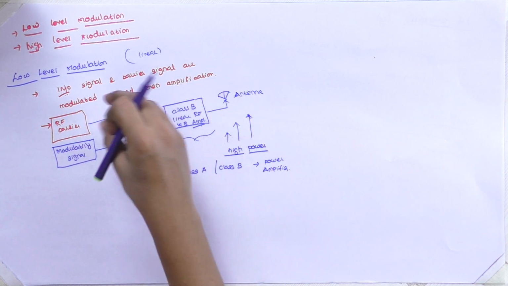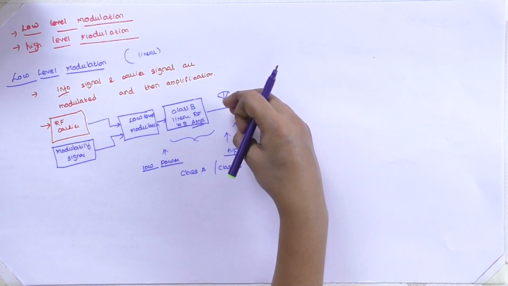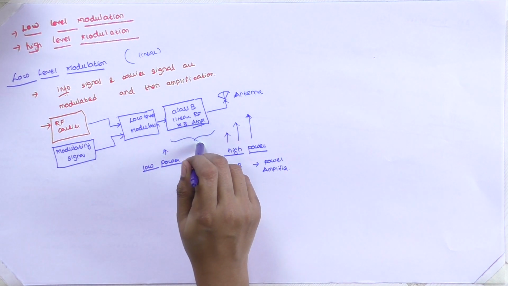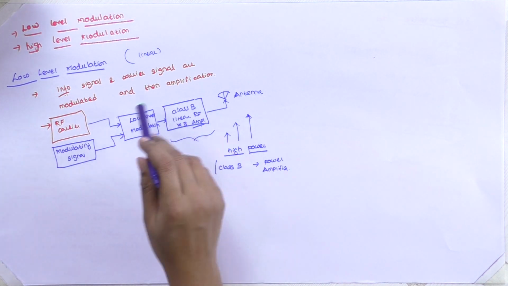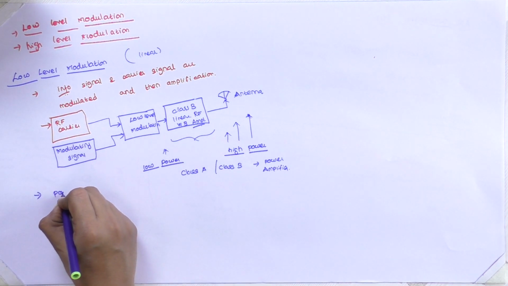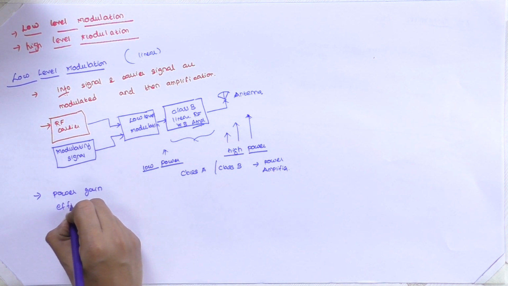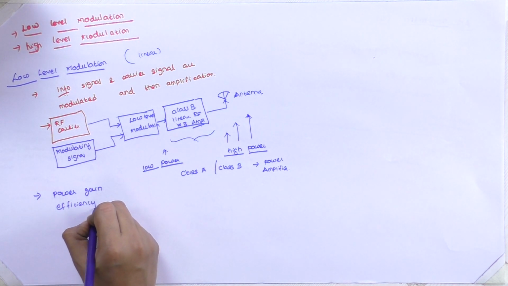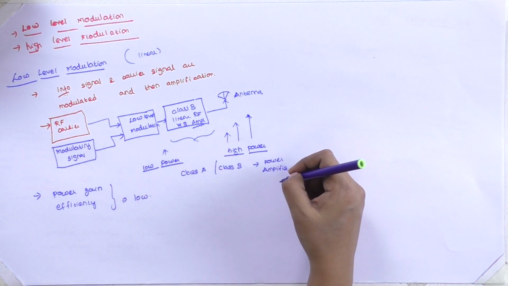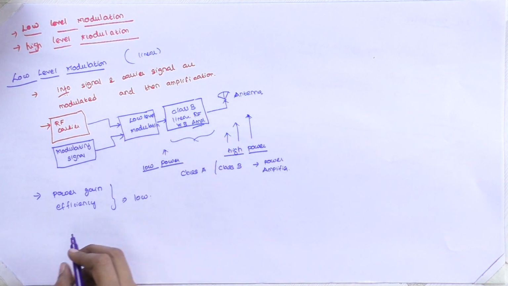Since we have not amplified before, we are only amplifying the modulated output. So the power gain and also the efficiency will be low in low level modulation. Class A or class B type of linear amplifier is always employed in the amplifier stages.